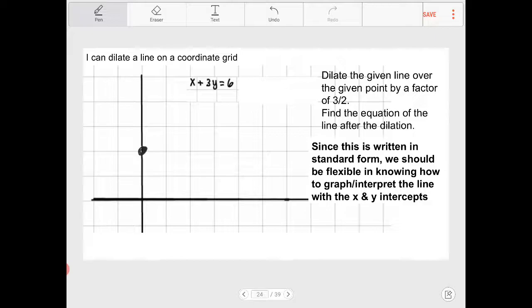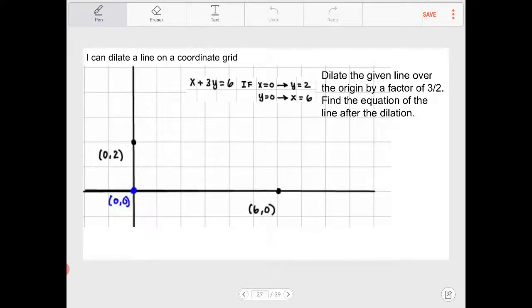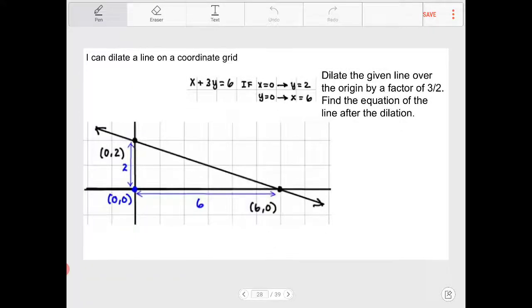So if the y-coordinate is 0, that means the x-coordinate must be 6. So that means my line must pass through in this manner here. So the line when graphed looks something like this.